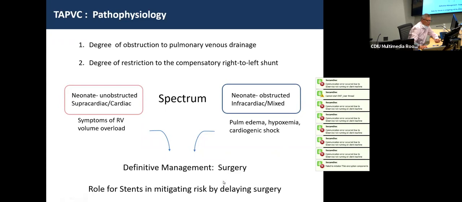In some patients, and I think we have some examples of this, there is an emerging role for stenting the anomalous systemic venous connection in order to decompress the obstructed pulmonary vein confluence in complex single ventricle patients.